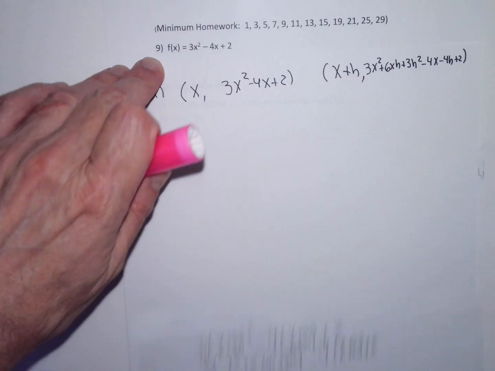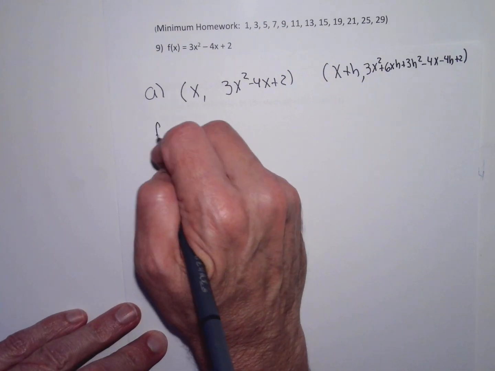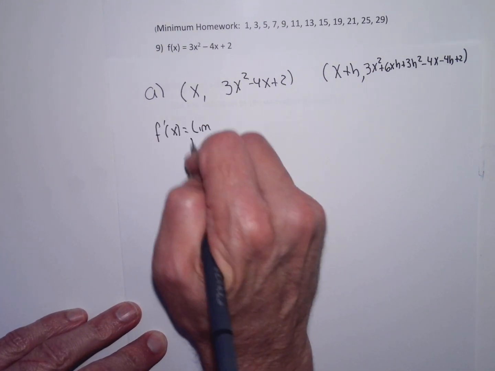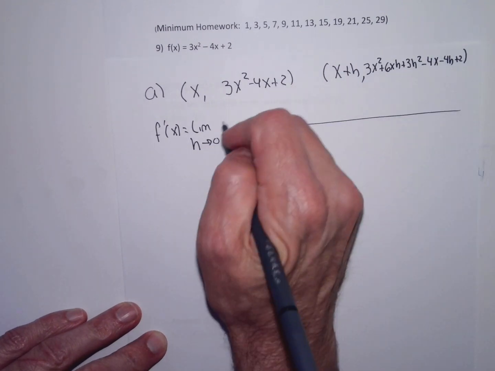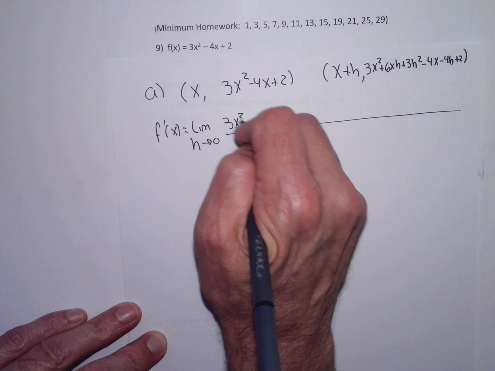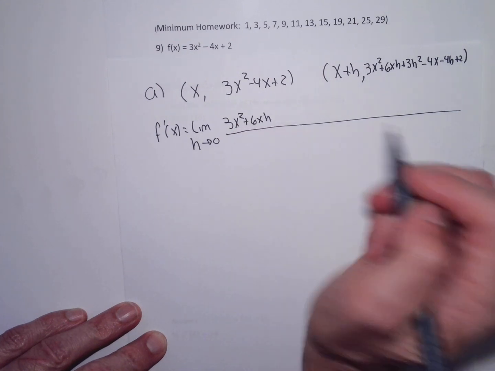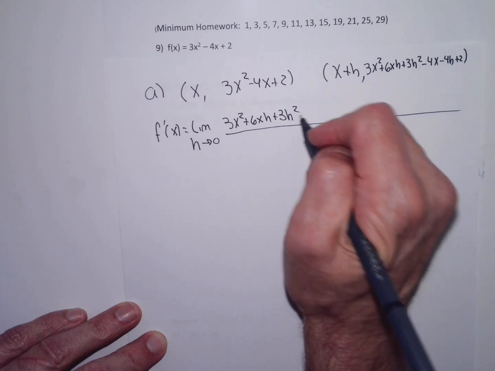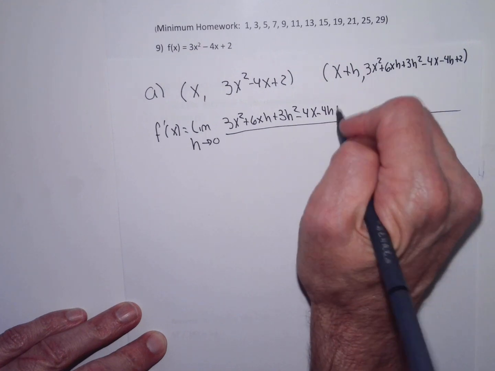And now I'm going to find the slope of the line that connects those 2 points by doing the derivative is the limit as h approaches 0, y2, which is 3x squared plus 6xh plus 3h squared minus 4x minus 4h plus 2.